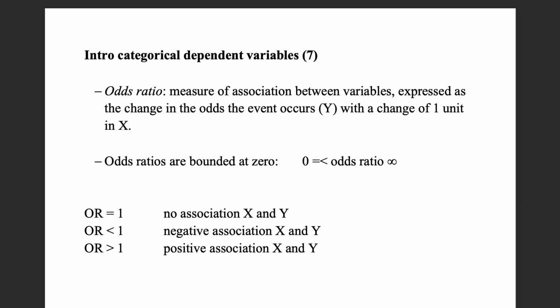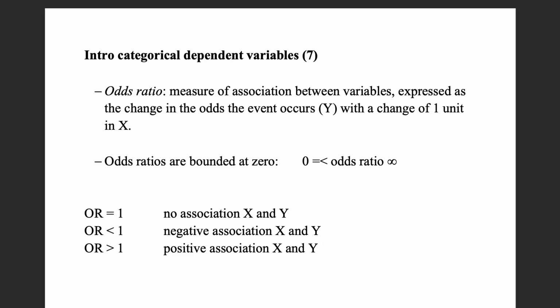That might be a bit surprising if you have never heard about odds ratios before, because you have probably learned a lot about correlation coefficients and regression coefficients, and you are used to thinking about no association being identical to the value 0, positive associations being identical to a positive value, and negative associations being identical to a negative value.